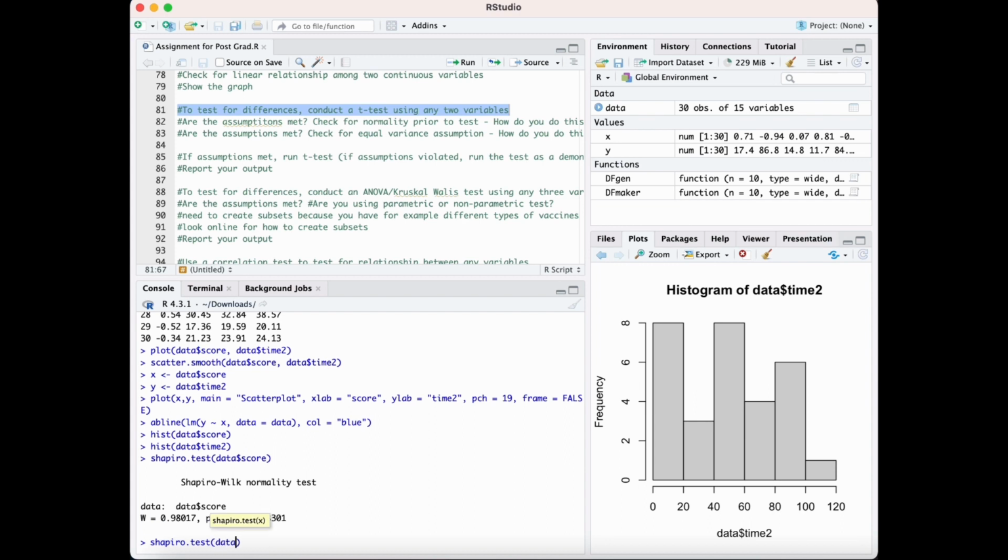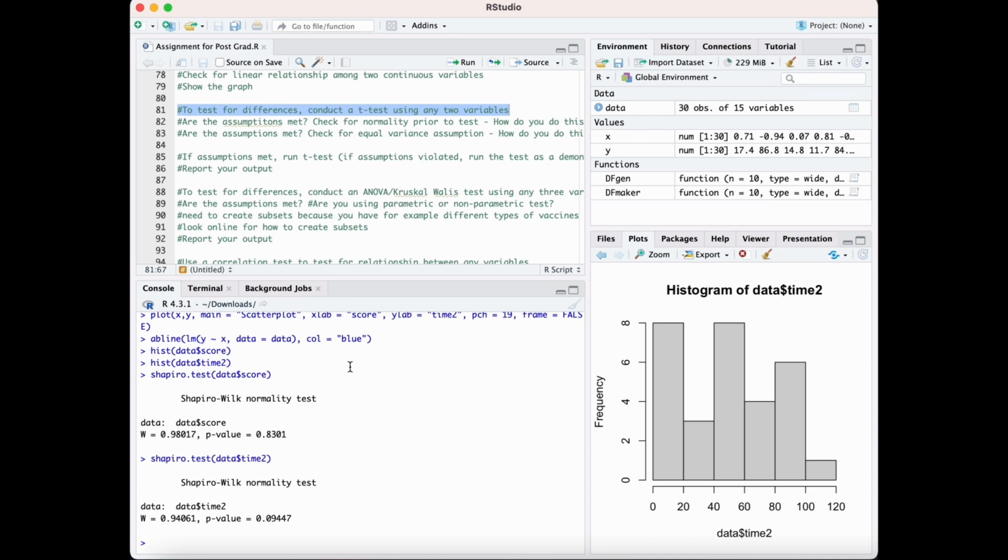Let me run it for time 2. Yeah, they are both normally distributed. So the assumption of them being normally distributed is correct. Let me briefly explain. The Shapiro-Wilk normality test checks for the normal distribution of a data set.